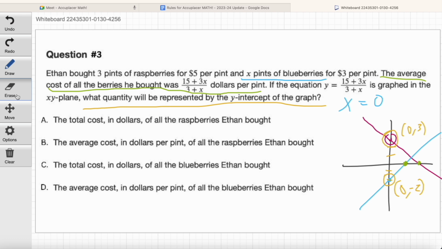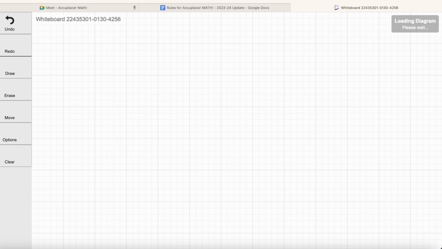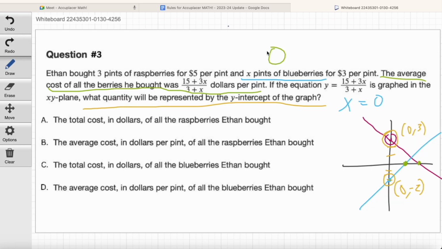And that'll tell us what the average cost of all the berries is when x is 0. That means there are 0 pints of blueberries, which means it's all raspberries. Does that make sense? Okay, great. Look at the answer choices because I think that's enough to help us find the right answer.